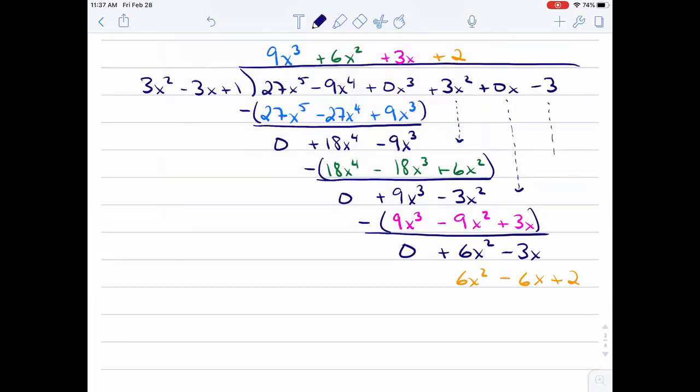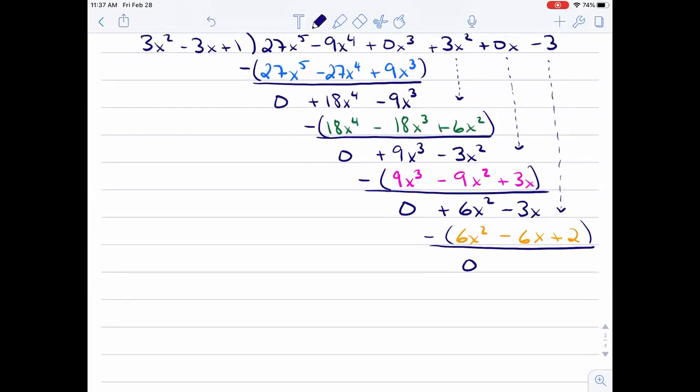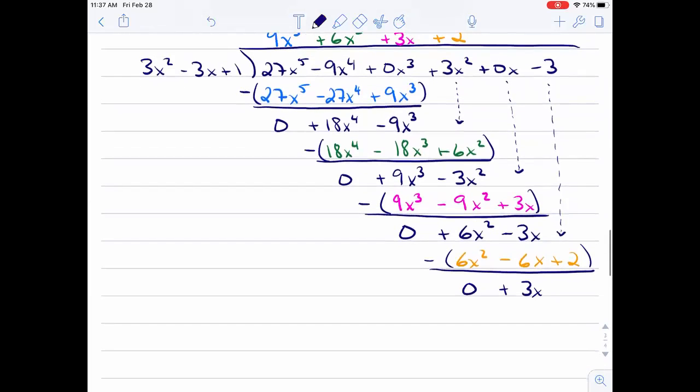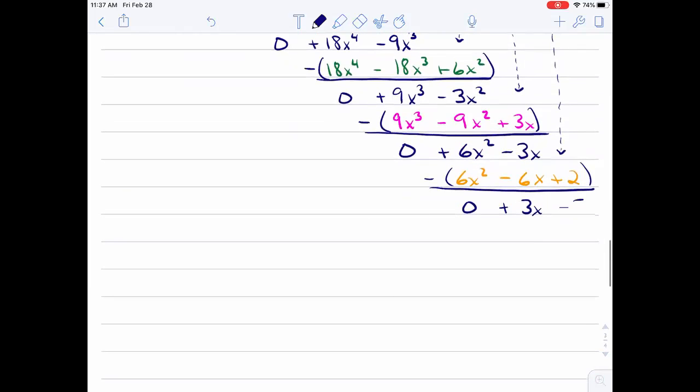Good thing too, because I'm out of room here. Zero. Negative 3 plus 6 plus 3x minus 3 minus 2 is minus 5.